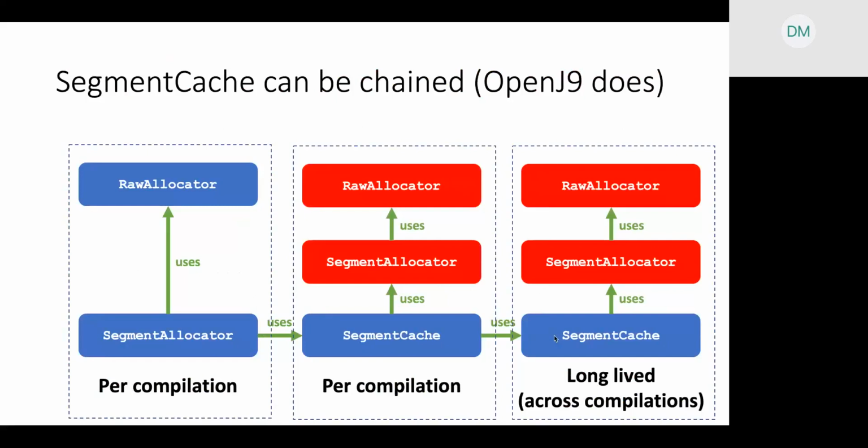I think it would be more confusing, because when this per-compilation segment cache goes away, the allocator has to deallocate, deallocate, deallocate, walking a bunch of lists to find each one and free it. Whereas if I arrange it this way, I can do a bulk free: just walk your list and deallocate all the segments because the lifetime is the same.